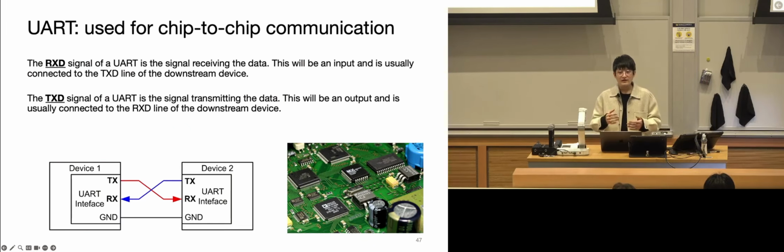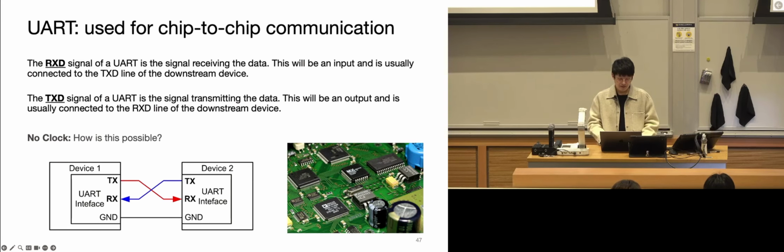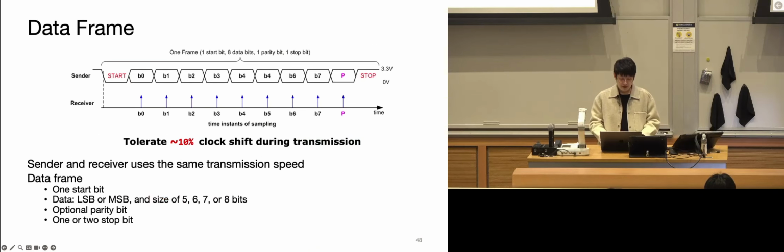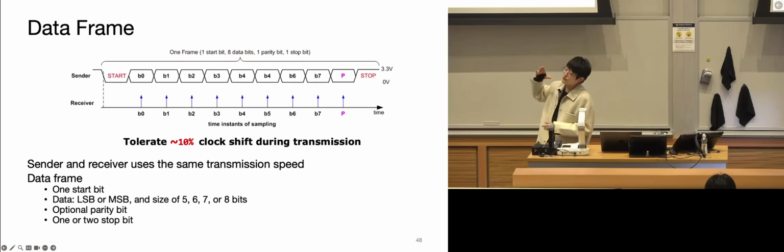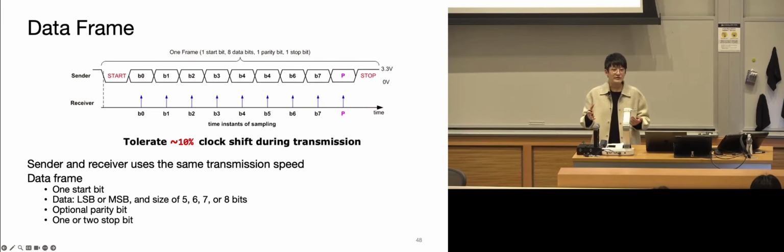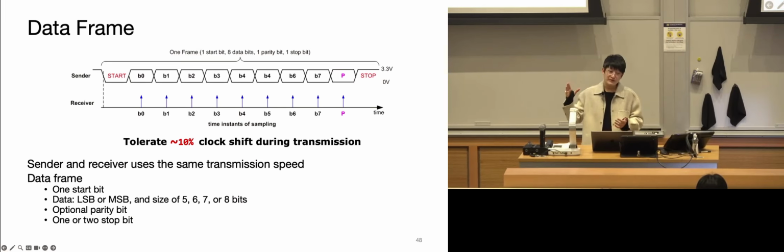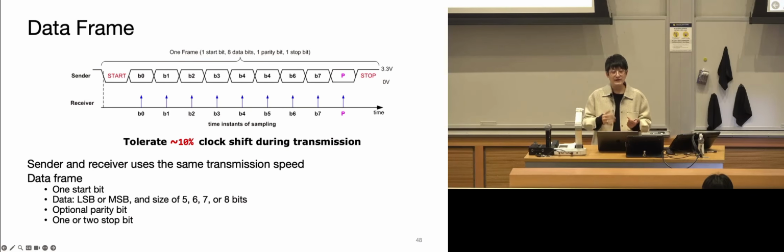If you have worked with the Arduino IDE before, there's a baud rate you can set when talking to different microcontrollers through Arduino. Usually it has a parity bit attached at the end that tells you whether there is an even or odd number of zeros in the data, which gives you a very cheap way to check the data integrity on the receiving side.